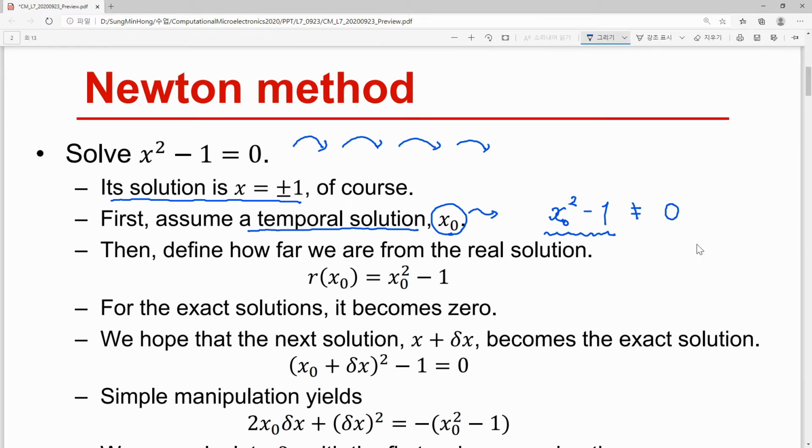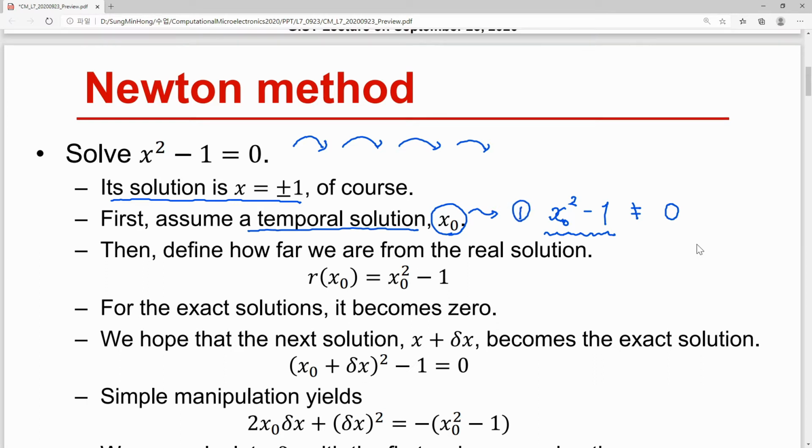Our initial guess does not perfectly satisfy the equality. So that is our first step. Then we want to make it better.